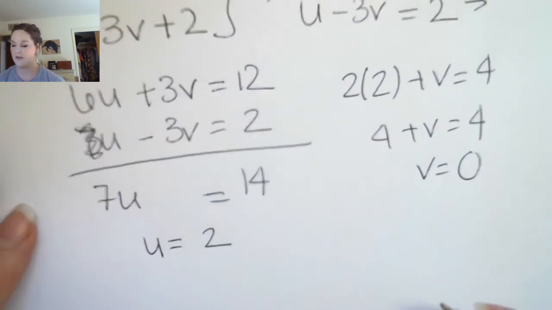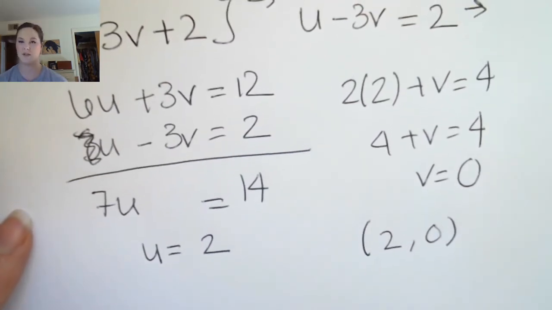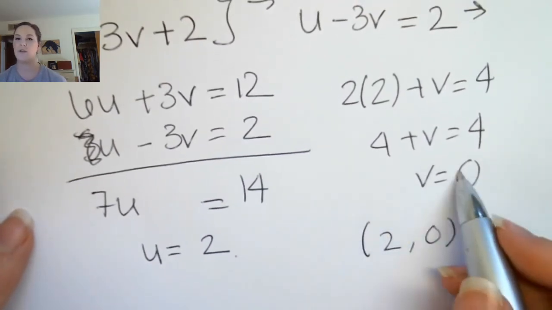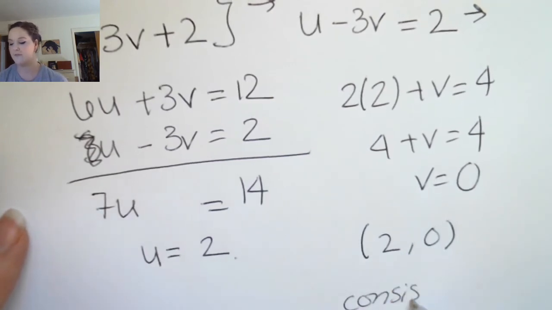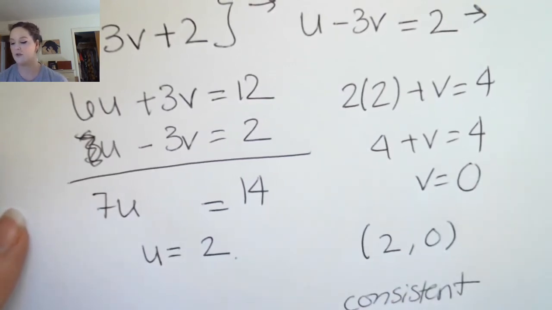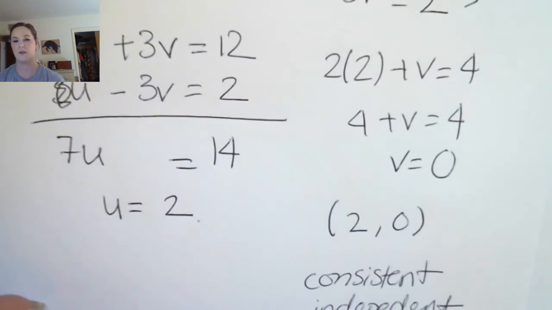Okay, and that would give me my final answer: 2, 0. Remember, you're just listing them alphabetically, u and then v. Okay, so this would be consistent because there is a solution, and independent because there's only one solution.